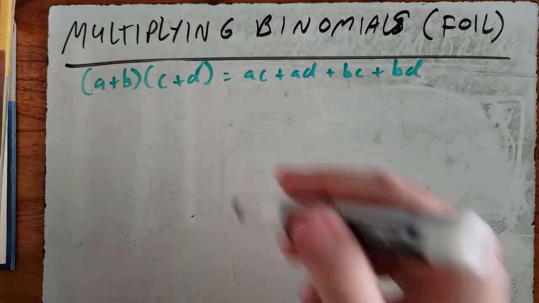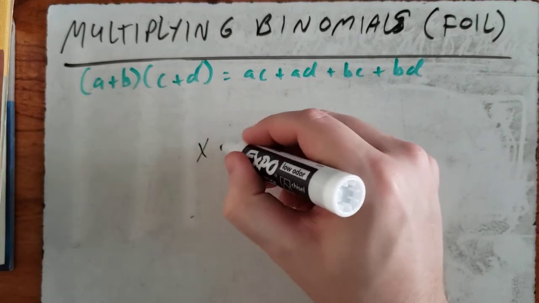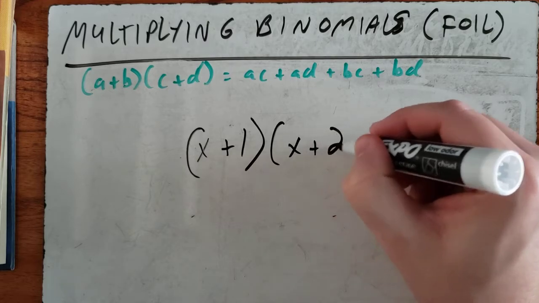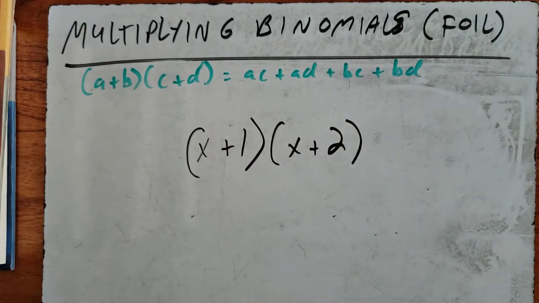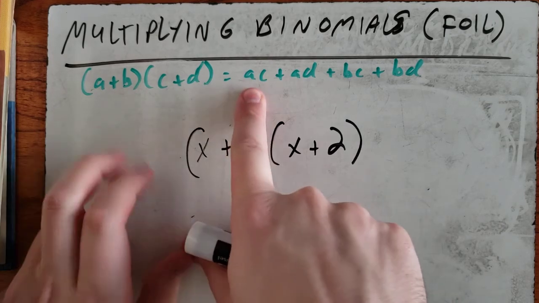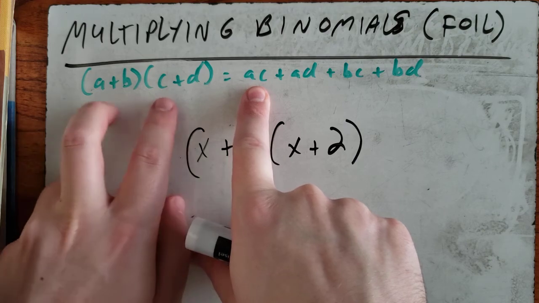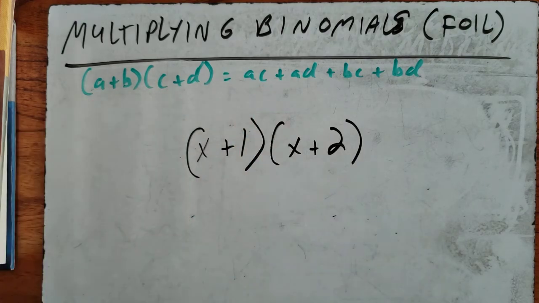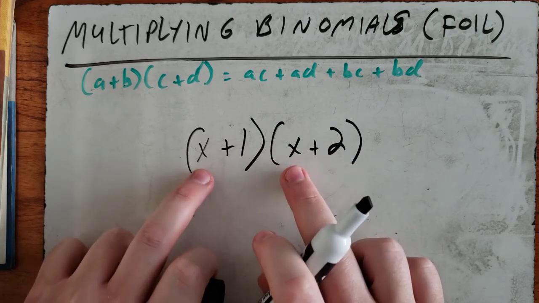So let's give you the first one. Let's just make it simple. X plus 1 times x plus 2, okay? Let's make it simple, all right? So our first step we have here, right, we're multiplying our a times c. Remember our a and our c. So our first two terms here, which would be our x's, okay?